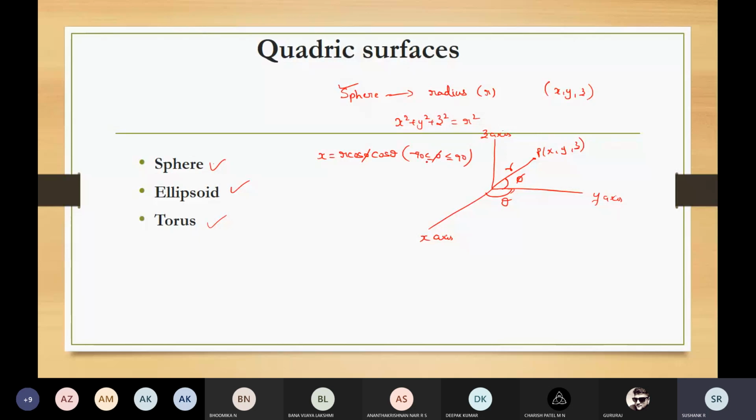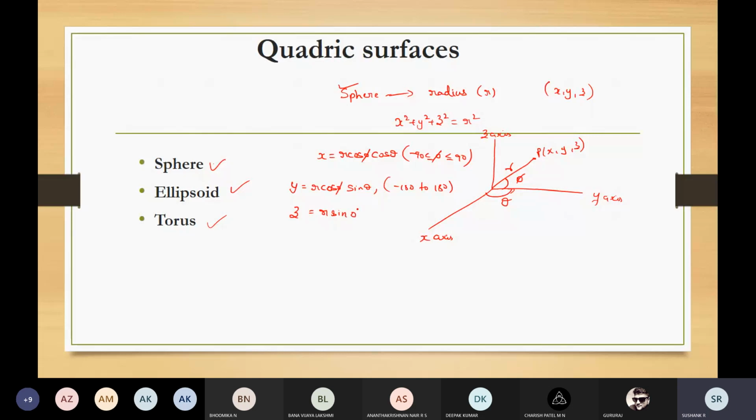Also y is represented by r cos phi sin theta, where the angle theta is between minus 180 to 180 degree. And z is given by r sin phi.